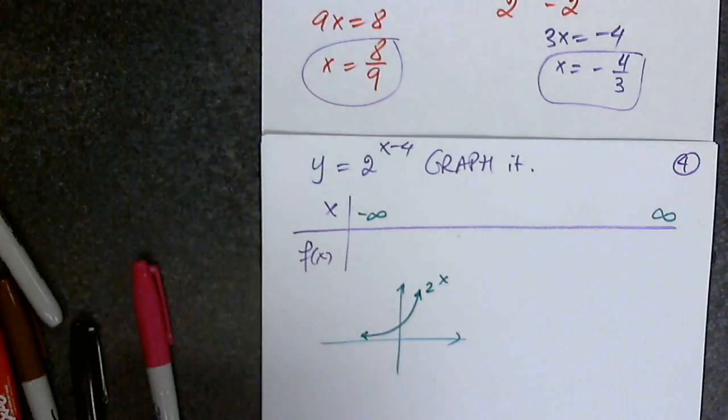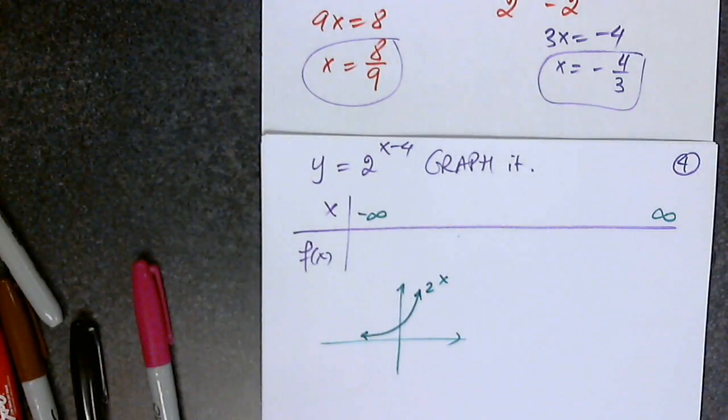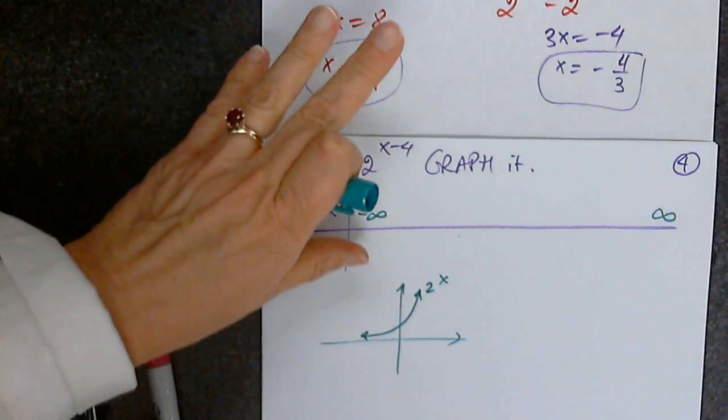And now the function that we have here is 2 raised to x minus 4. So I'm changing x into x minus 4. Where will the graph go? Will it go to your left or will it go to your right? It's easier to see this mechanism with x squared.